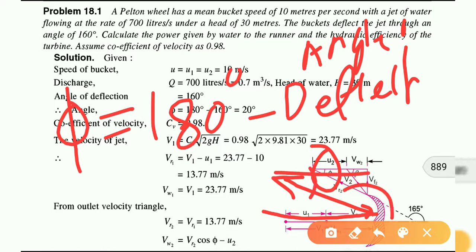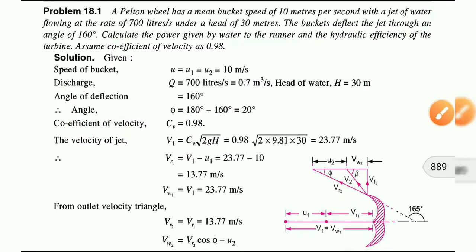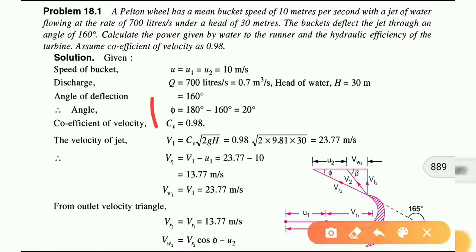So we can easily find out the value of phi as phi is equal to 180 degree minus 160 degree is equal to 20 degree. So this vane angle can be used in the following equations to find out the power and hydraulic efficiency.